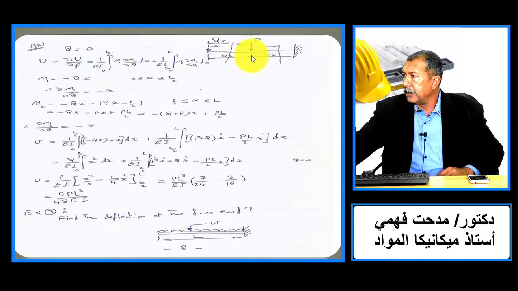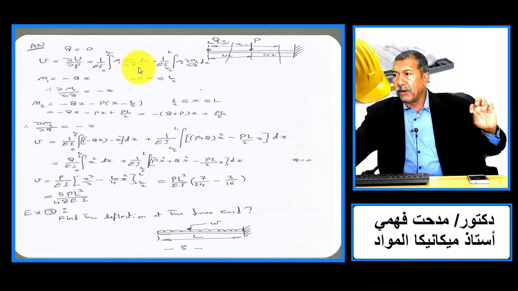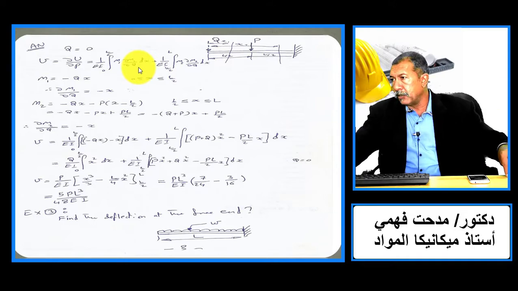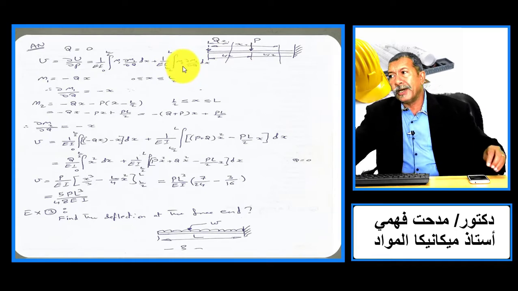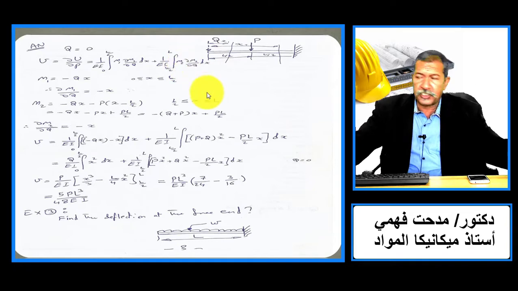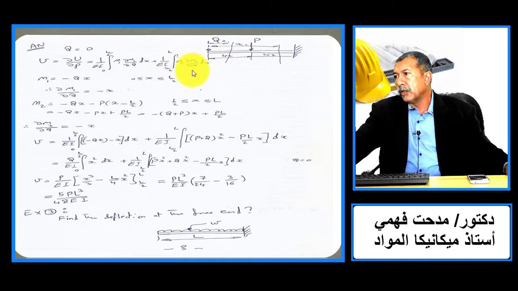The integration of the first part is from L over 2 to 0, and inside the integration M1 partial M1 by partial Q dx, because Q is the point where we want the deflection. The second part is 1 over EI also, integration from L to L over 2 for M2, where M2 denotes the bending moment in the second section, and partial M2 by partial Q dx.